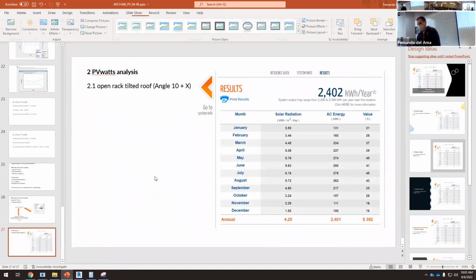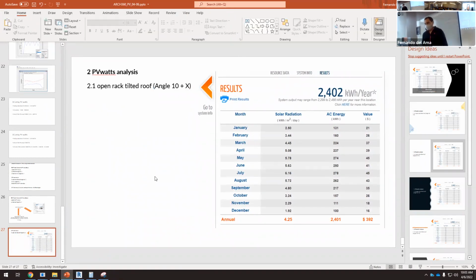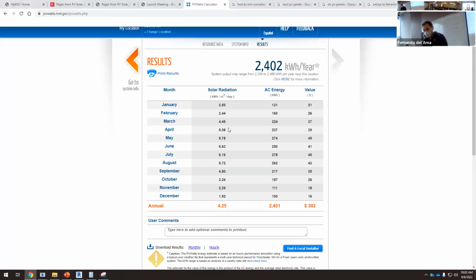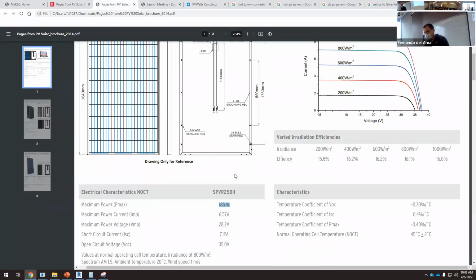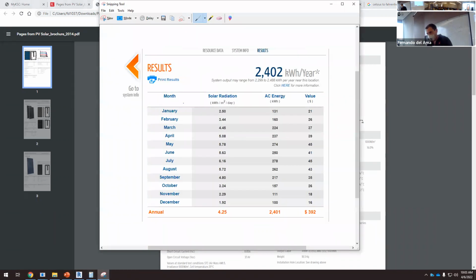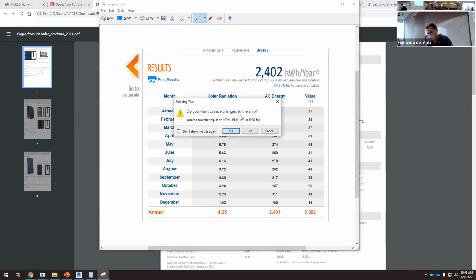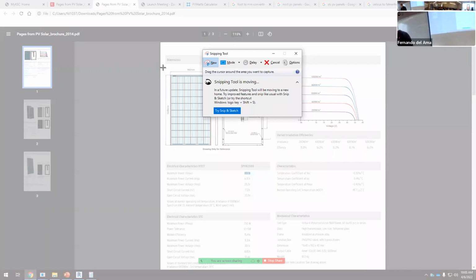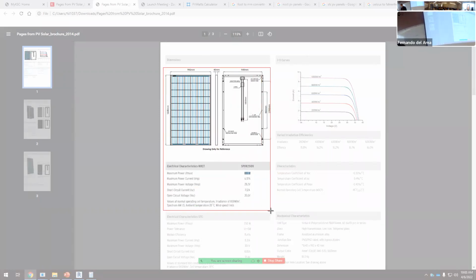Okay, so this is the PV watts output. But I think here we need to give more information, because here we know that we have selected, we can go to this page and we can copy information about the panel.